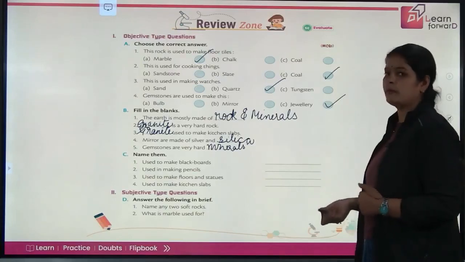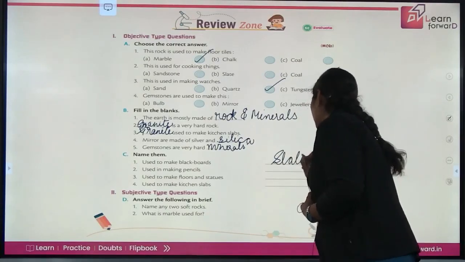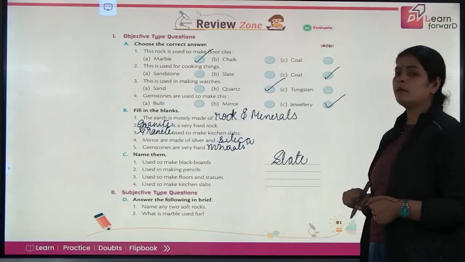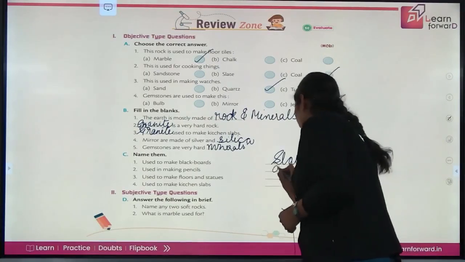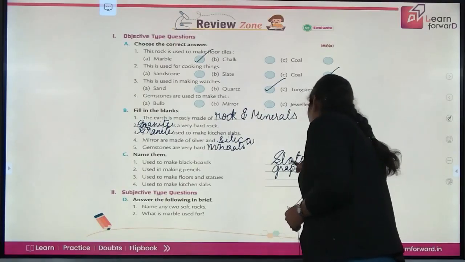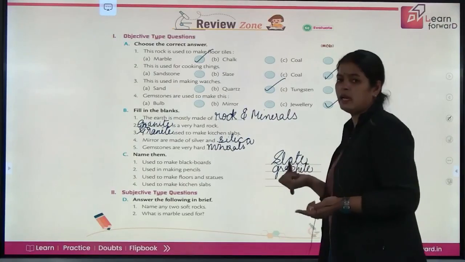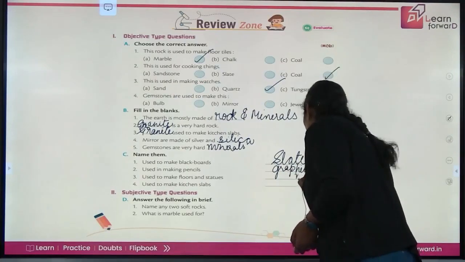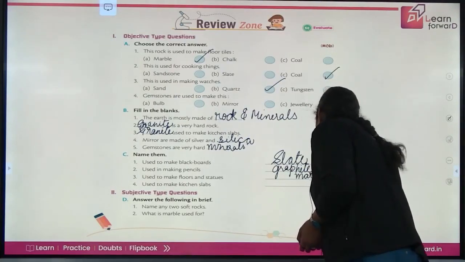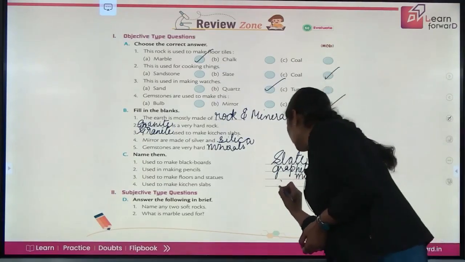Used to make blackboards: slate. Used in making pencils: graphite. Used to make floors and statues: you can write granite, you can write marble as well. Both are correct. Used to make kitchen slabs: granite.